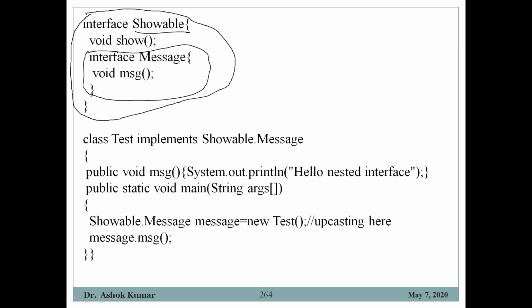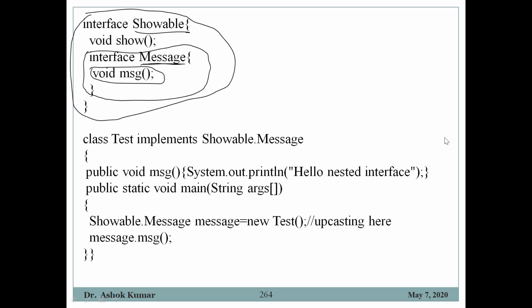So the outer interface name is showable. So in showable interface, we declared one method show of return type void, and in the showable interface, there is another interface. Its name is message. And in message interface, we have a method msg of type void.